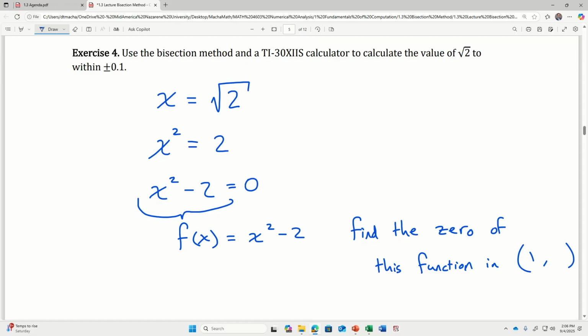The square root of 2 also has to be less than 2, because 2 squared is 4, and 4 is obviously greater than 2. And so maybe our starting lower bound can be 1, and our starting upper bound can be 2.